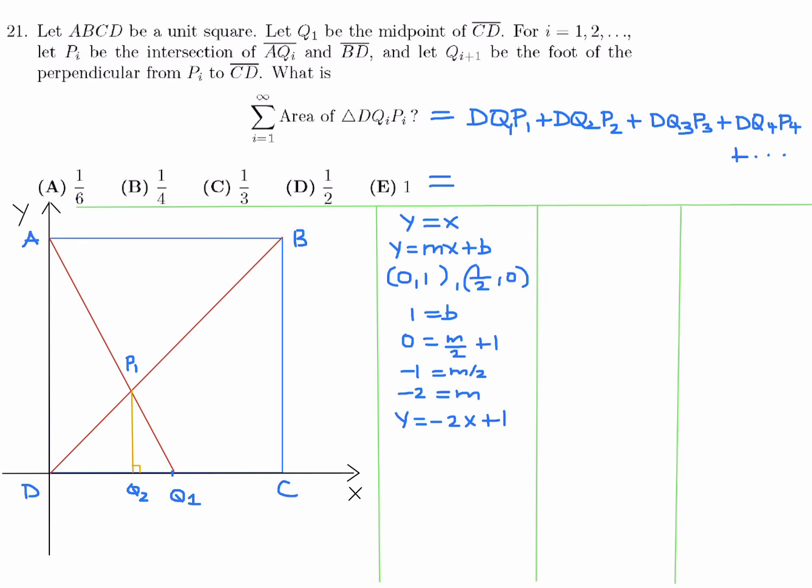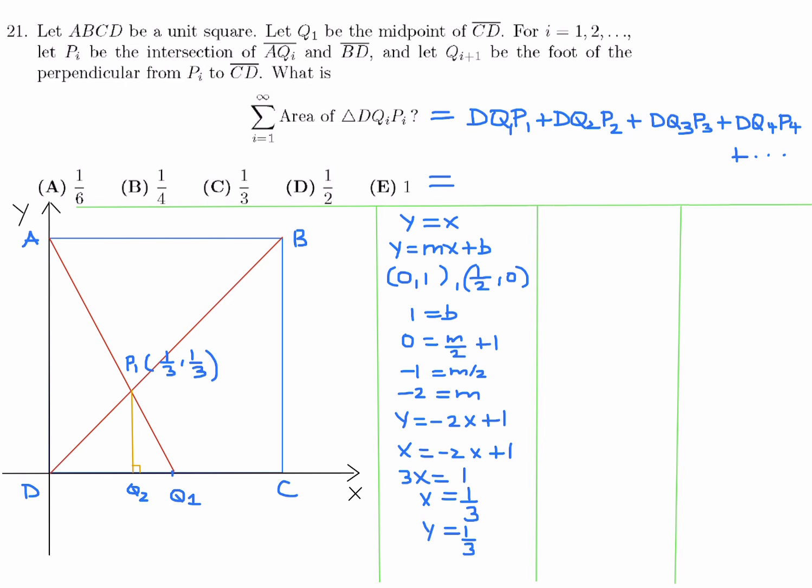To get the coordinates of P1, I set this equal to that. So x is equal to minus 2x plus 1. And therefore, 3x is equal to 1. x is equal to 1/3. And since it's on the line y is equal to x, the y coordinate is also 1/3. So that P coordinate is (1/3, 1/3).